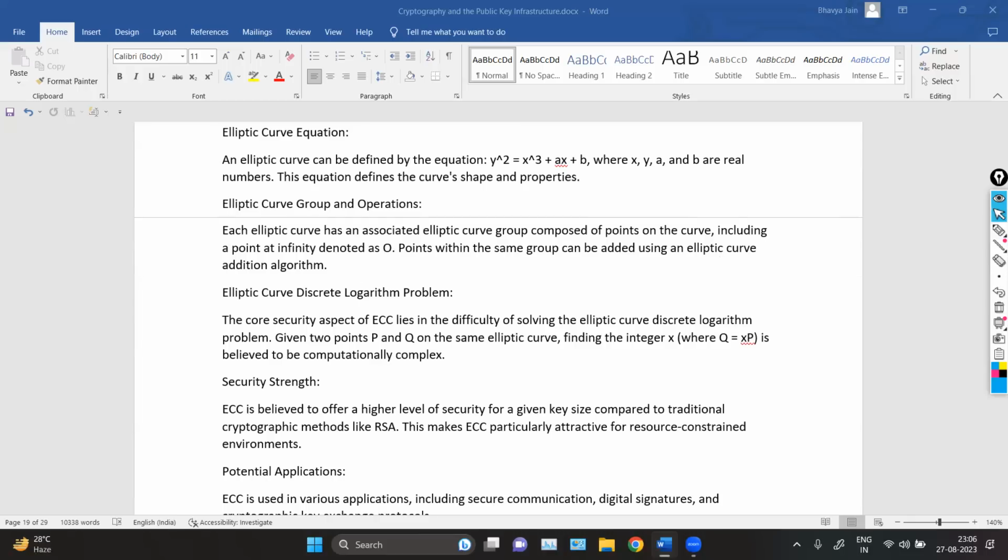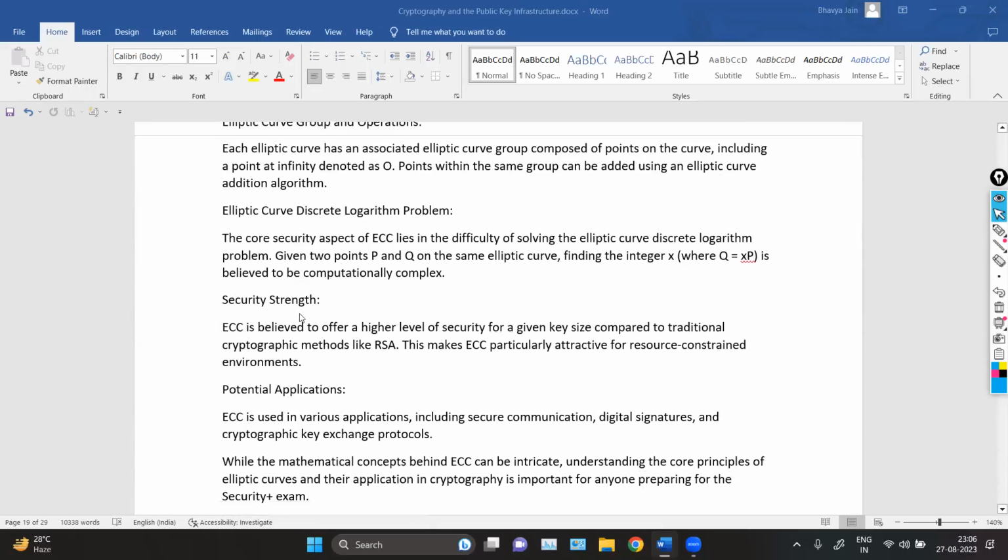Then we have the elliptic curve discrete logarithm problem. It is also a mathematical problem, which is finding the integer x where Q equals xP. We are given P and Q, which are points on the same elliptic curve. For example, let's say we have this curve here.